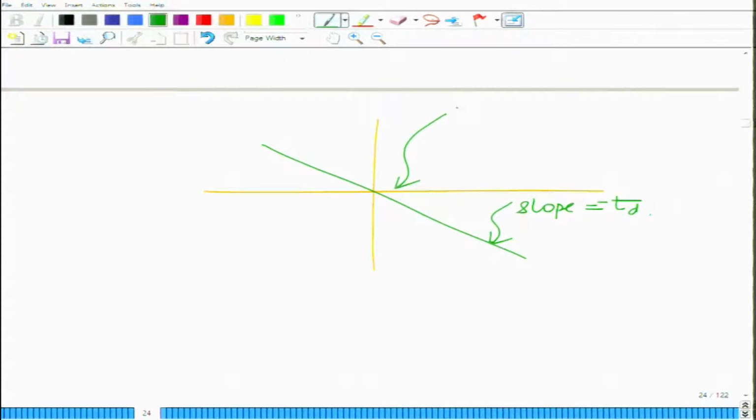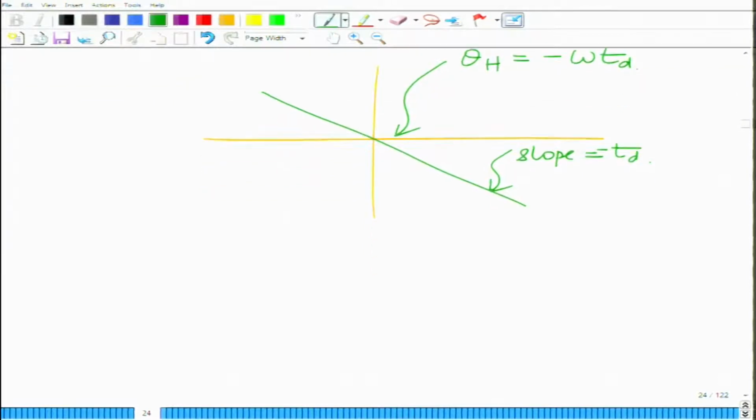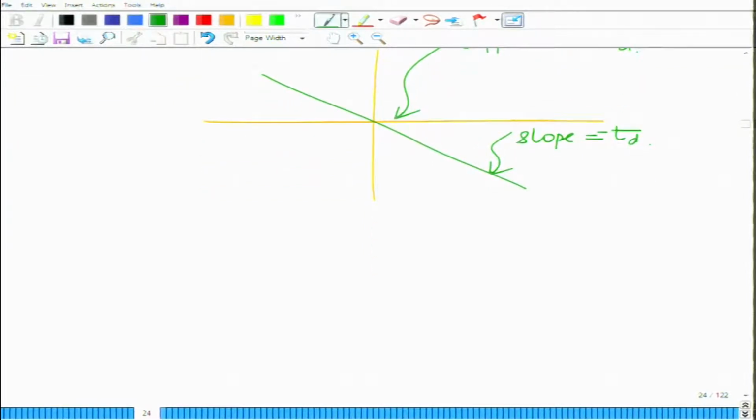So, this passes through the origin and this is your theta_h equals minus omega t_d. So, this is the phase characteristic, the phase is linear in omega. So, this phase is linear in omega for distortionless transmission.